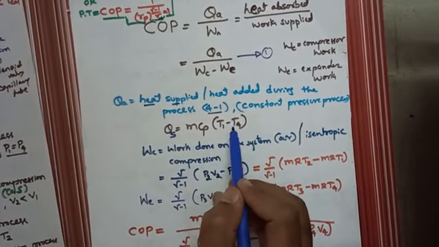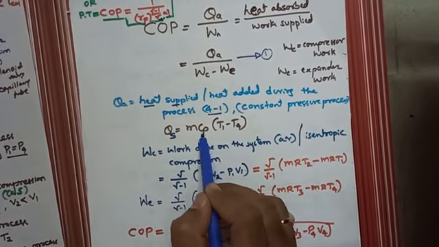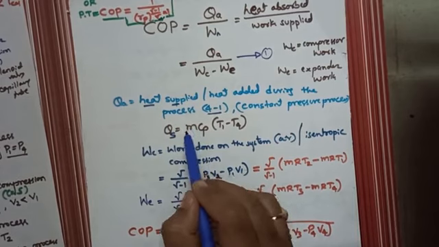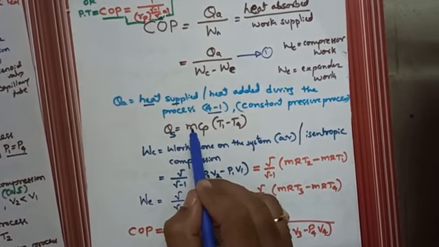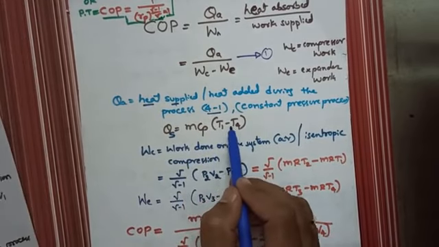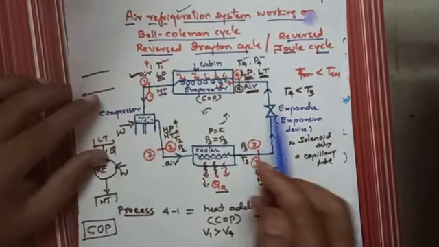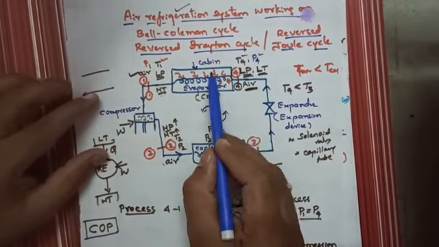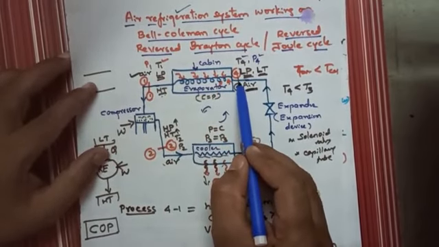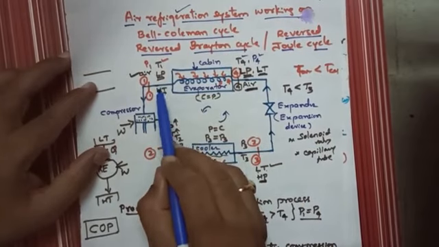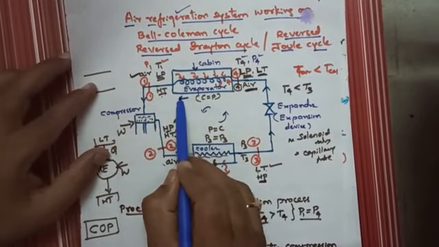Heat is supplied at constant pressure, that is the reason it is Cp, and we assume that the mass of air circulated inside the cycle is m, that is 1 kg. Why T1 minus T4? Heat is supplied to the air, so the initial temperature T4 will be less compared to the outlet T1. This is the direction of the process.